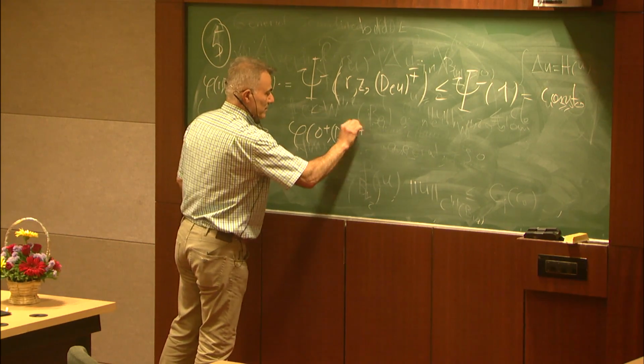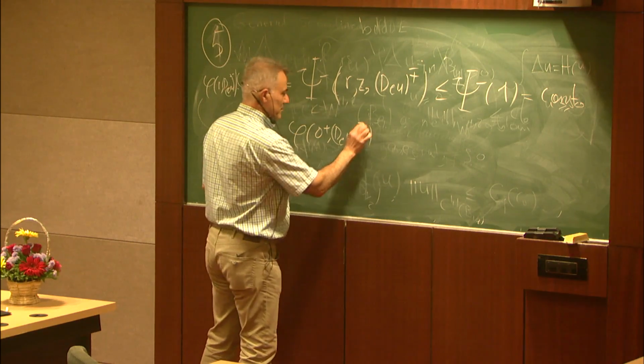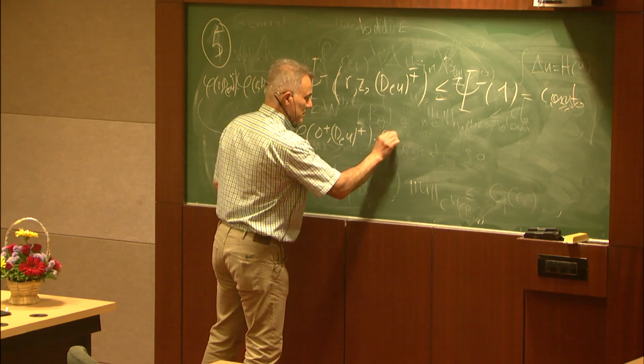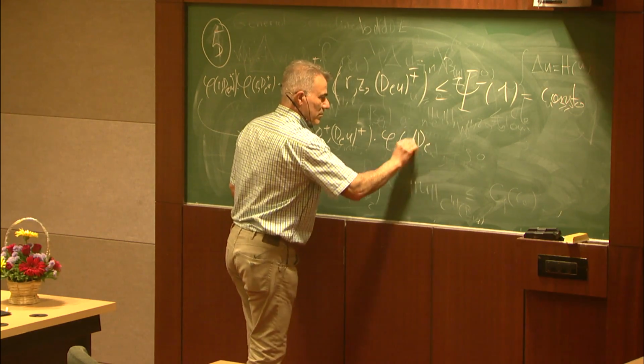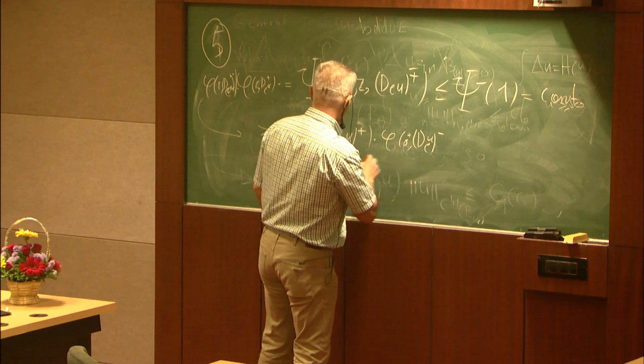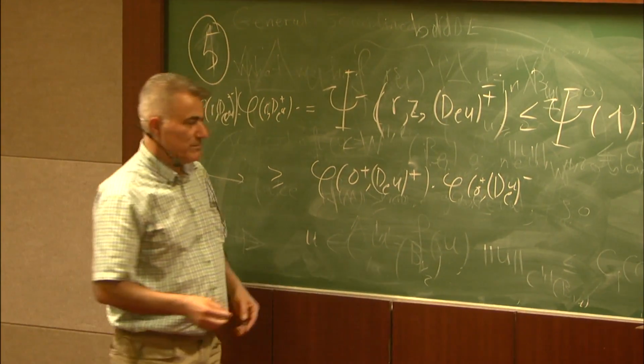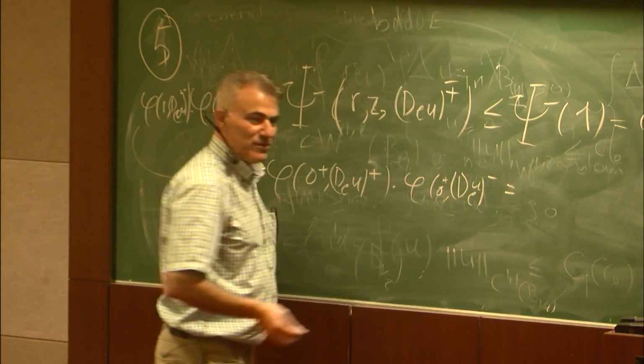U plus and minus, I'm writing both at the same time. That's the product, so let me write the product, at 0. When I'm saying 0 plus, I mean the limit, so r goes to 0. But the functions are differentiable twice.